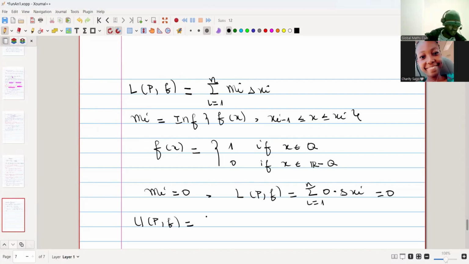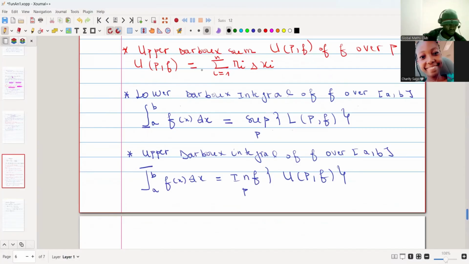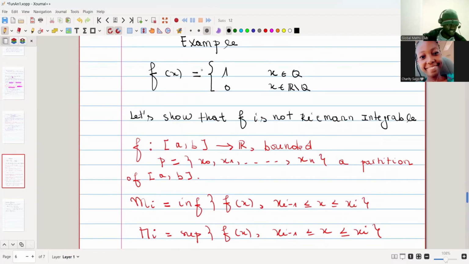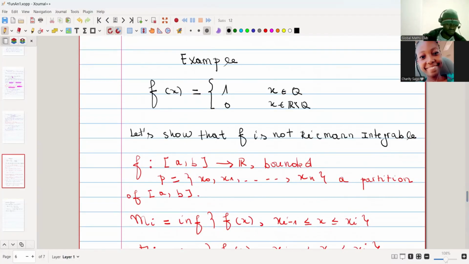Now, what is the upper double sum? This is the formula of the upper double sum. So if we take, for instance, just this is R. If we decide to take our x like the interval 0, 1.